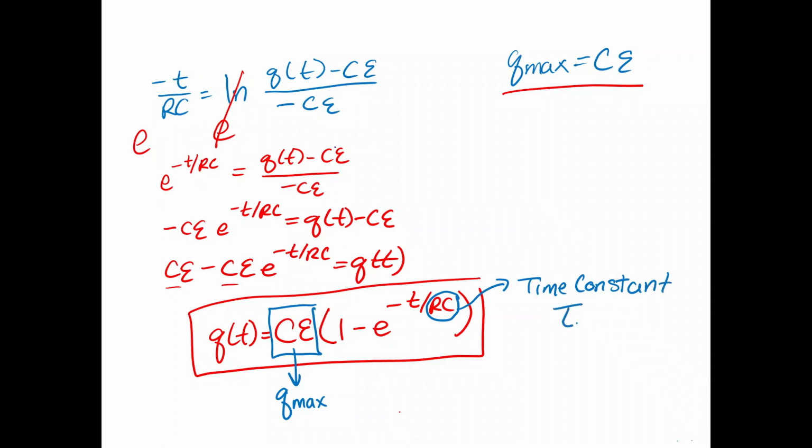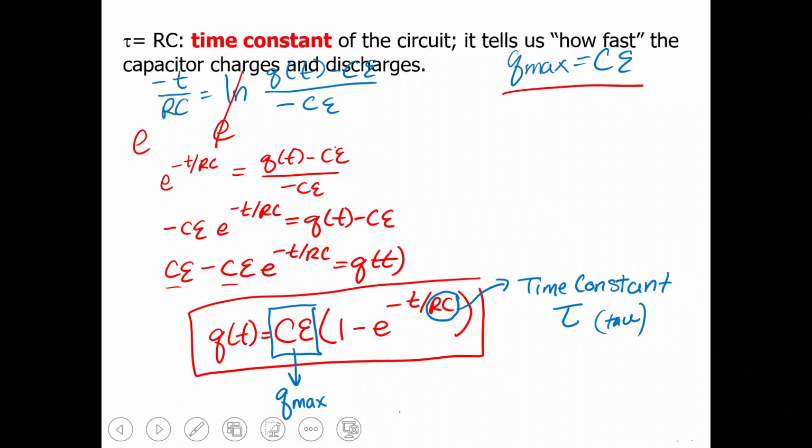It's tau. That is the Greek letter tau. It's the same symbol we use for torque, which is kind of annoying. So that time constant is basically a measure of how fast the capacitor is going to charge and discharge. So you can see that our tau is equal to RC.